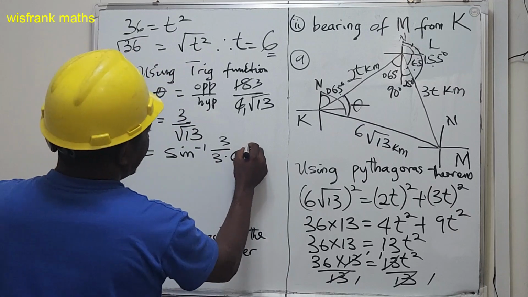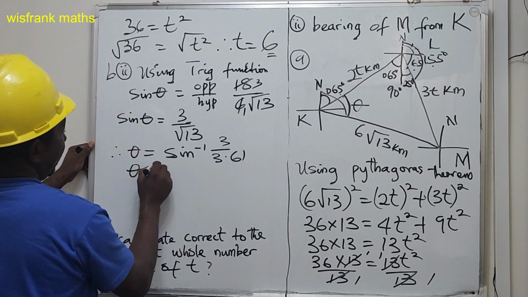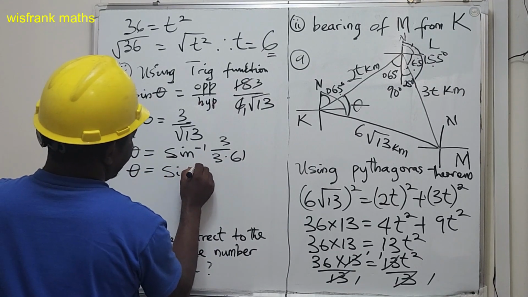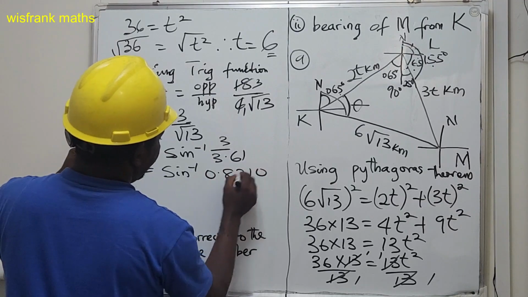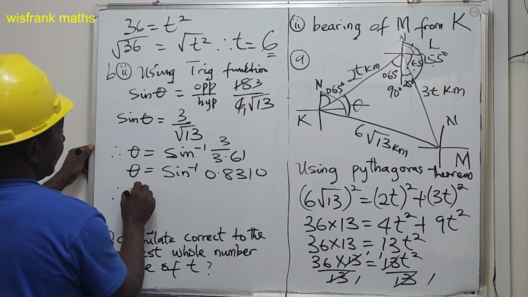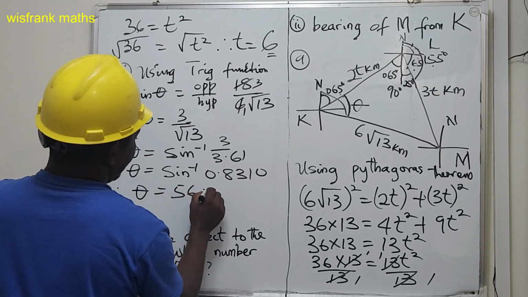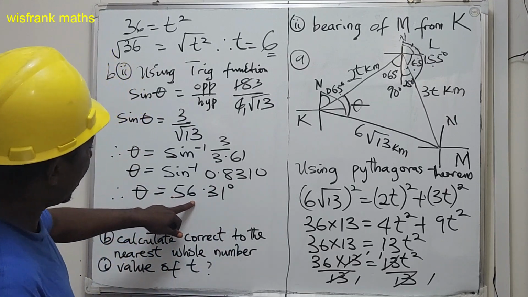So theta equals inverse sine of 0.8310. Therefore, theta equals 56.31 degrees.